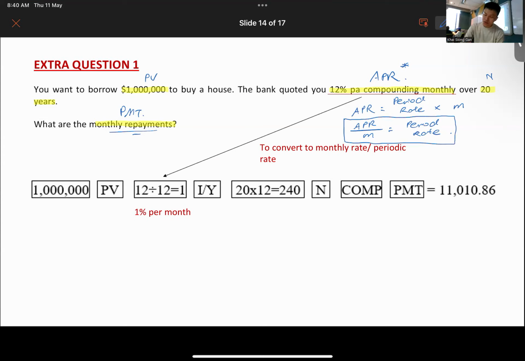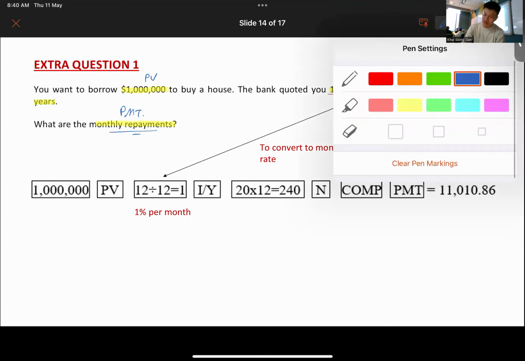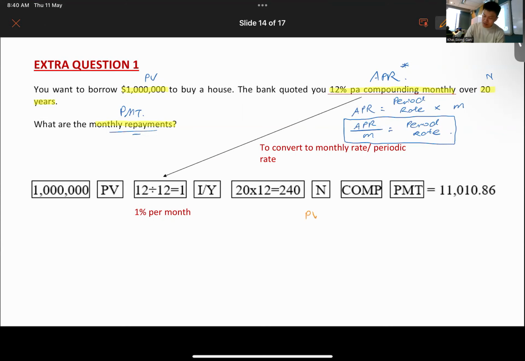Okay, so what should I do? First of all, my PV is 1 million. For my interest rate, I have to use this formula: 12% divided by 1 year, how many months? 12 months, right? So the period rate equals 12% divided by 12 months, which equals 1%. 1% every month.